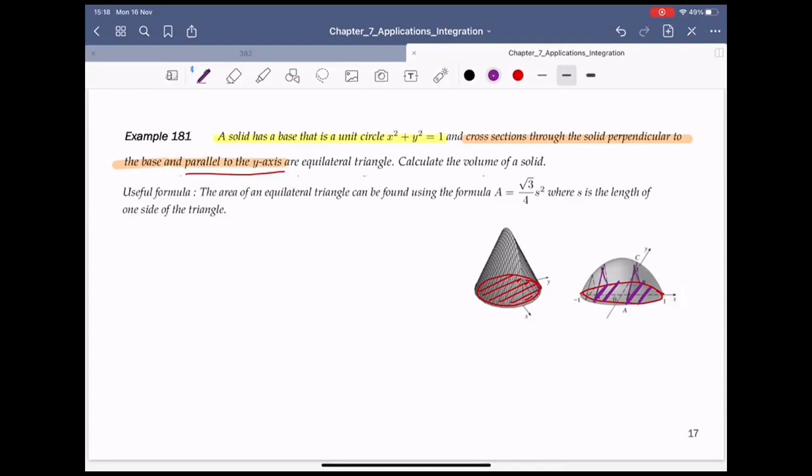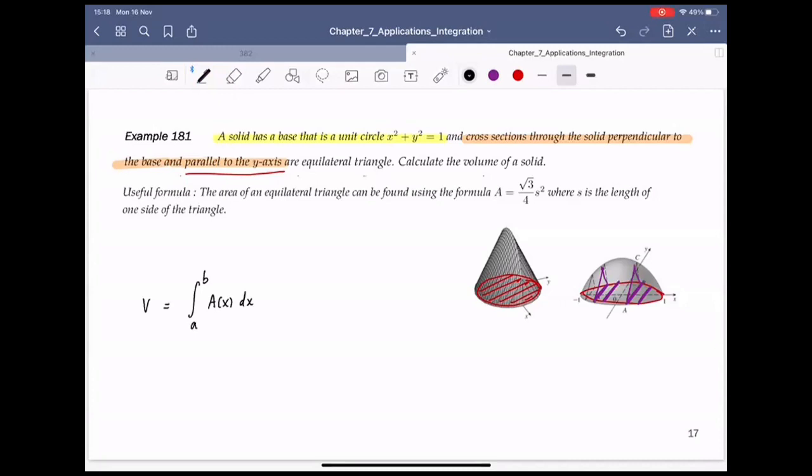Does it make sense? And if you do that for every x value, this is going to form a solid for you. Sounds good? So what you need here is V equal to the integral of A(x) dx from a to b.